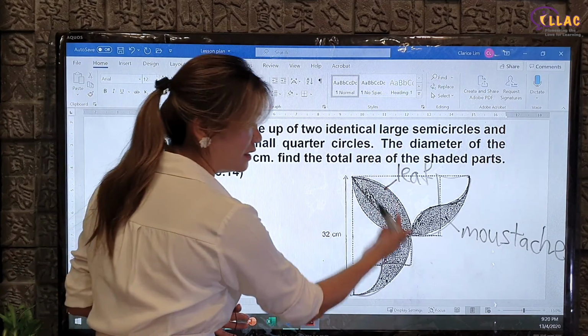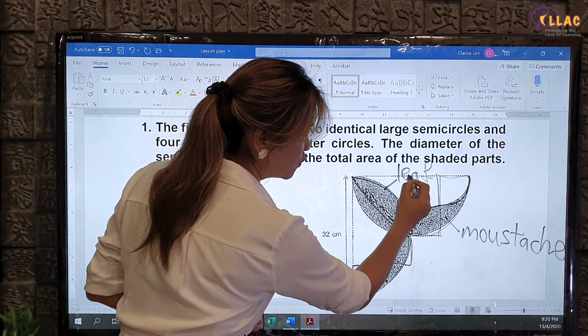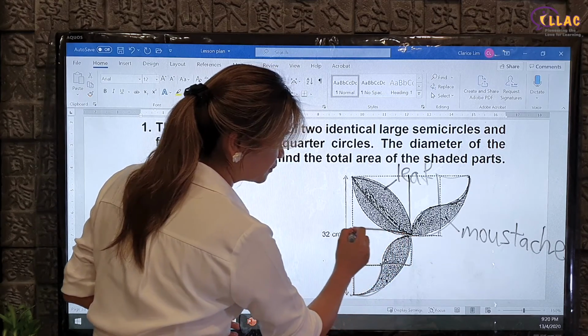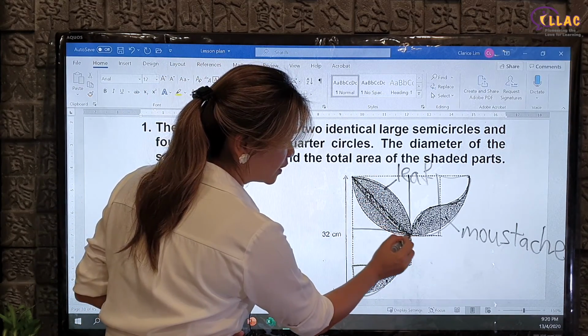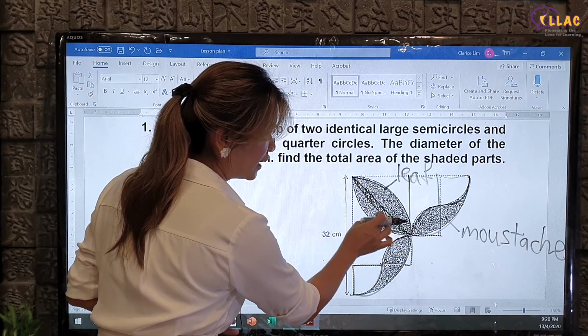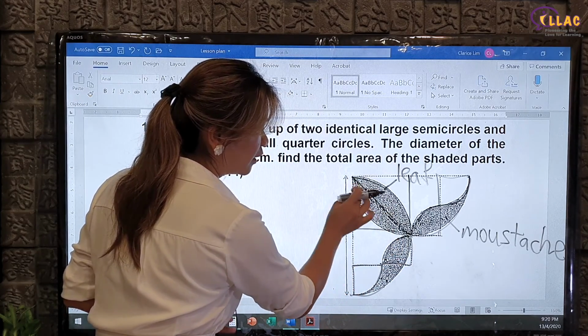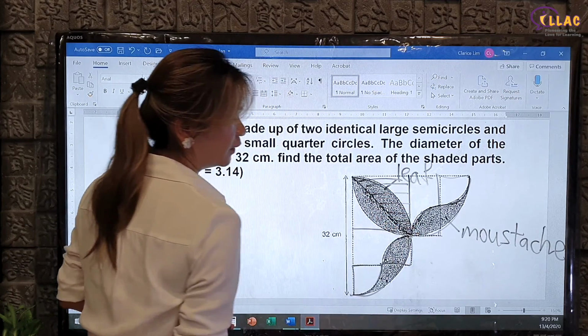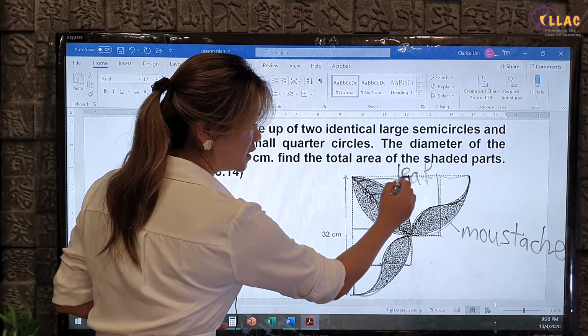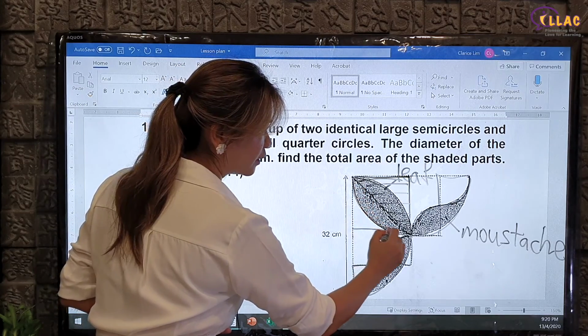Where is the triangle in this leaf? Very simple. If you were to quadrant this, you will notice that if I cut one line over here, I will actually have a triangle. Do you see this triangle? Remember this is a quadrant that we have.